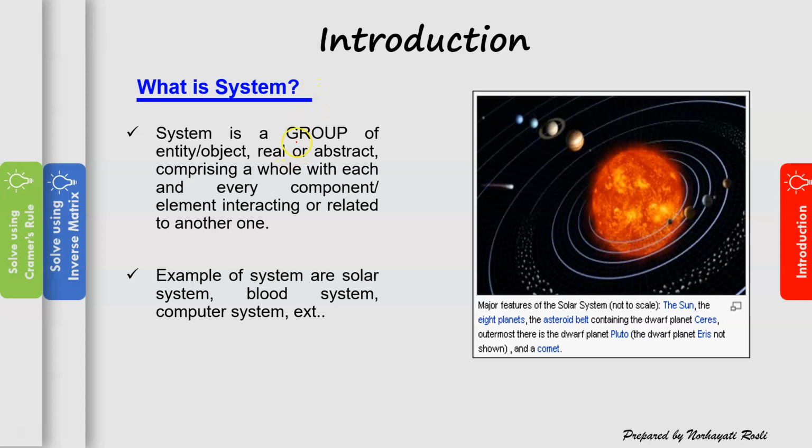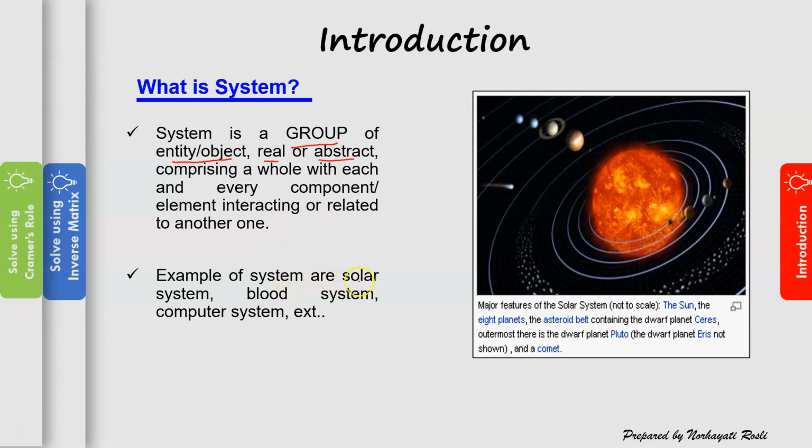A system is referred to a group or entity object, real or abstract, which comprise a whole with each and every component element interacting. Means that here, each element in this group will interact or be related to another one.